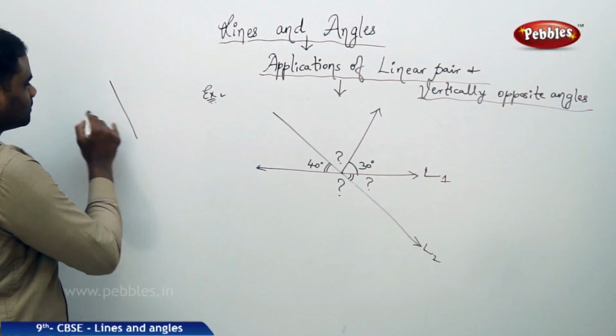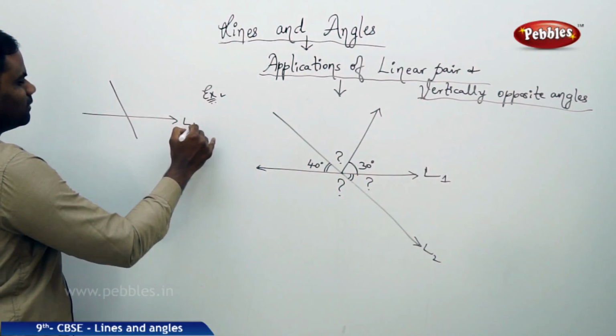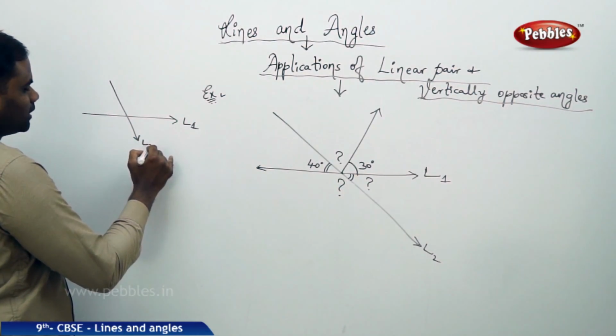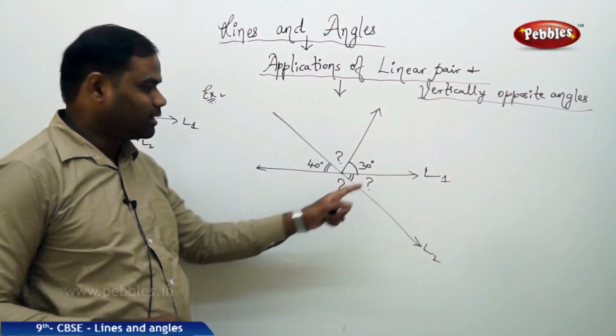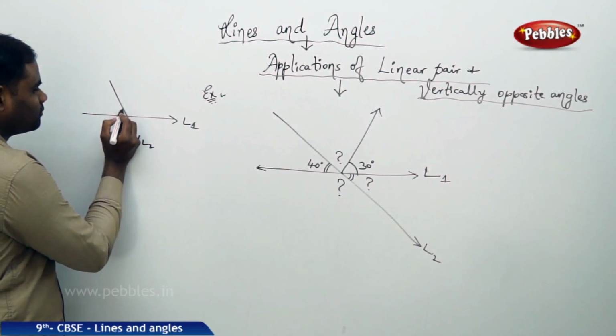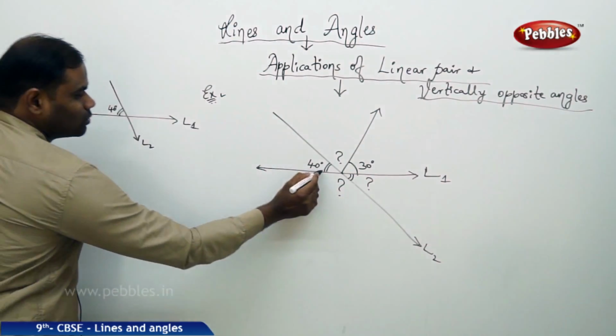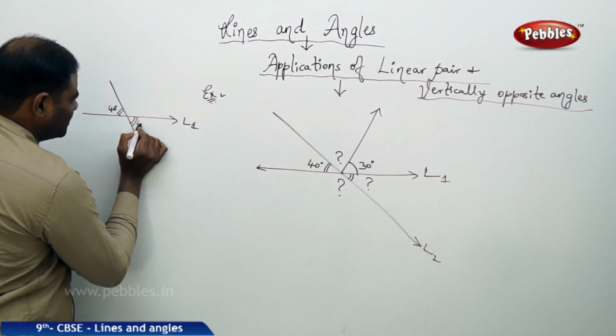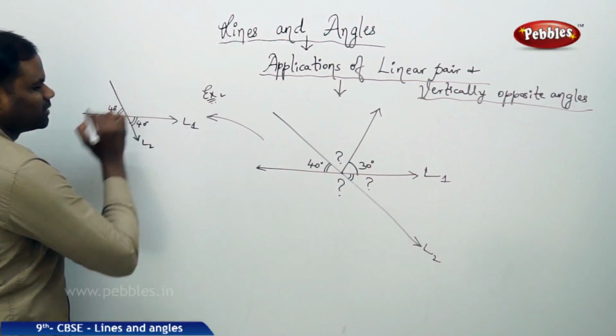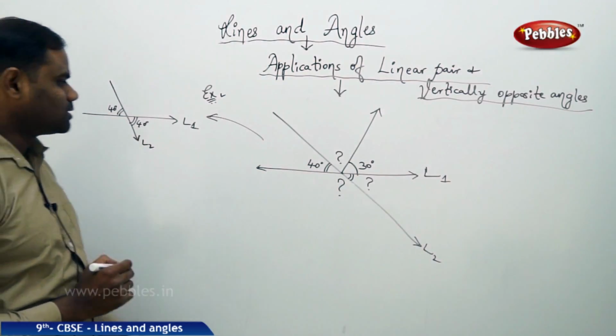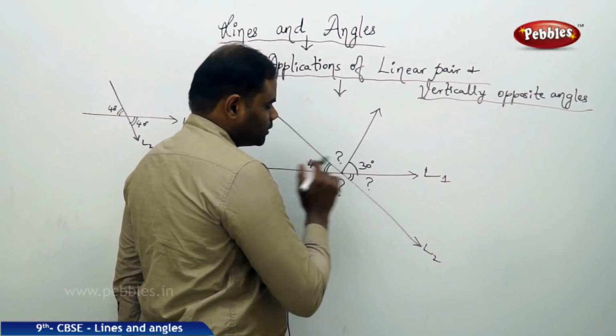If I take the line L1 and L2 irrespective of the ray, I clearly see that this being 40° must also be equal to this angle, which is 40°.